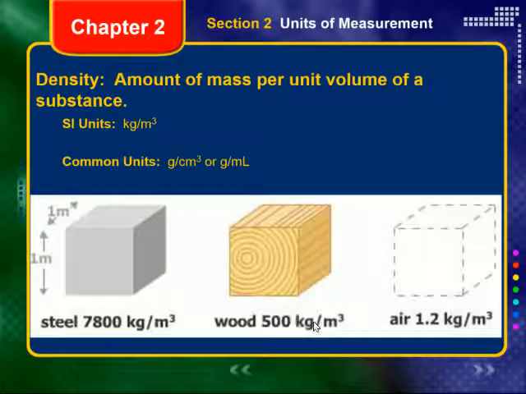It's 1 cubic meter, 1 cubic meter, and then air also is per 1 cubic meter. So this means in 1 cubic meter of steel, there's 7,800 kilograms. In 1 cubic meter of wood, it's 500 kilograms. And in 1 cubic meter of air, there's 1.2 kilograms.